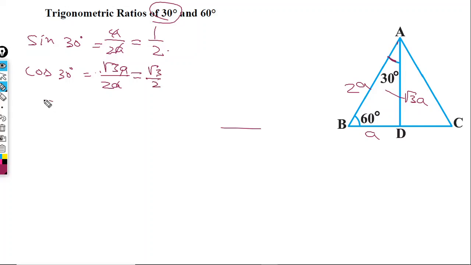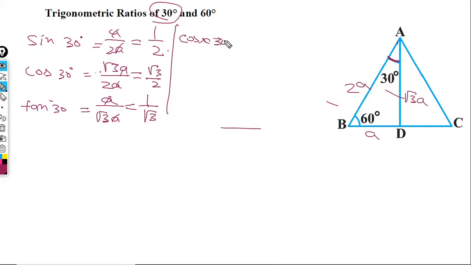Then we'll move to tan 30 degree, which is opposite side divided by adjacent side. So A by root 3A, A will be cancelled, equal to 1 by root 3. Now from sine we can find cosec.